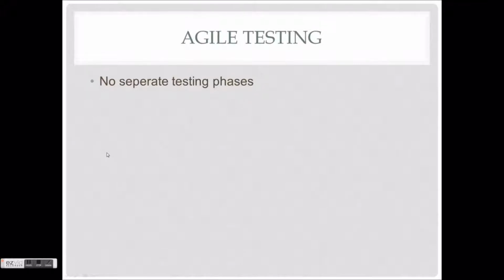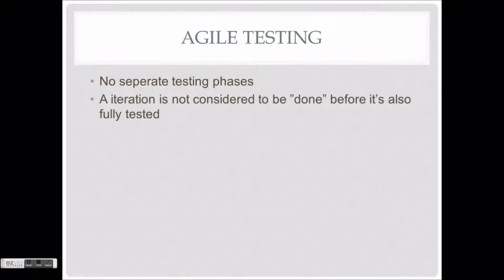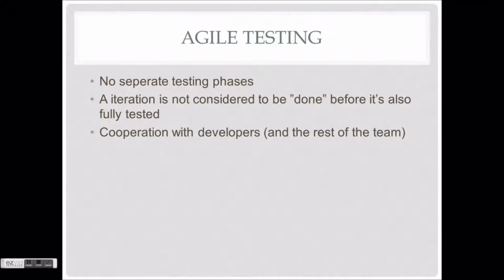In an Agile environment, the testing is as much a part of every iteration as the rest of the development. In fact, an iteration is not considered to be finished before it's also fully tested. And once again, the cooperation between testers and developers and the rest of the team is as important.